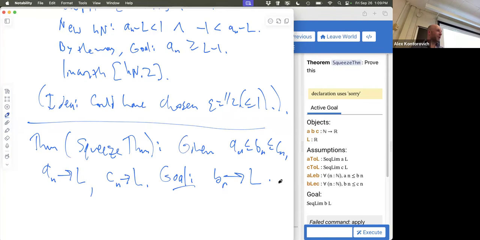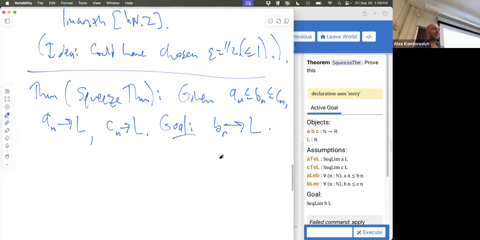Why would this be true? What's the picture? Do you have a picture in mind? We don't know that A is monotonic.